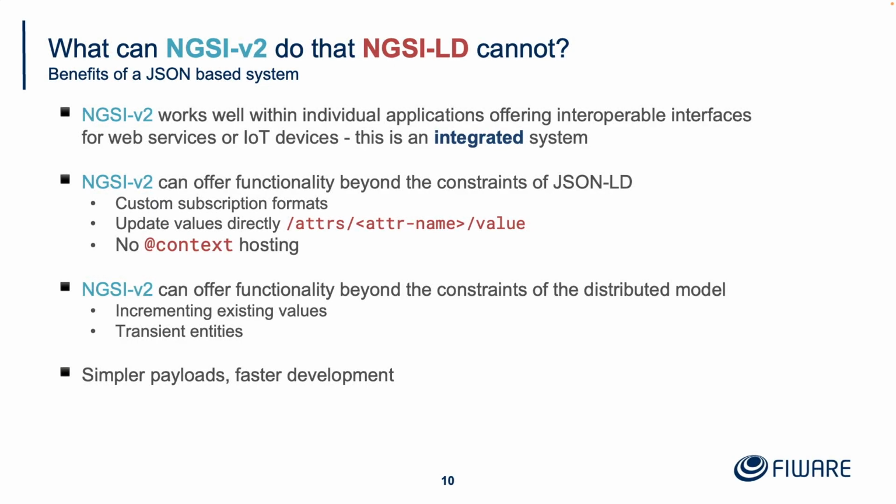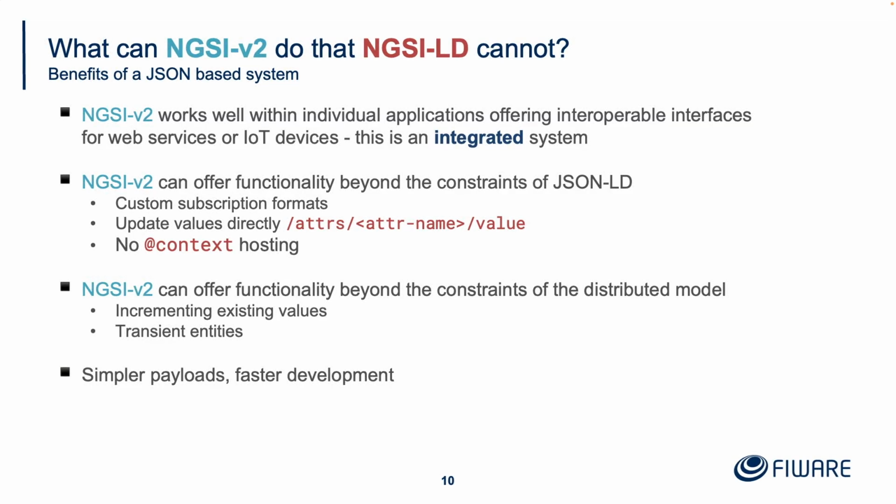But its main use case is for much more of an integrated system. I have an interoperable interface which I can use for whatever I need within my control, and I can switch in new IoT devices or a new processing element via a subscription or a registration to go within my system.